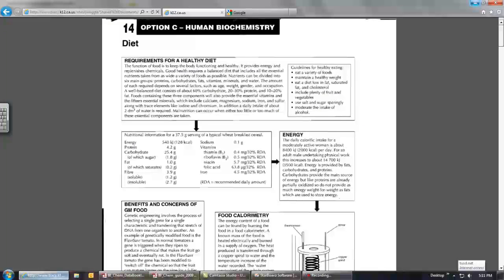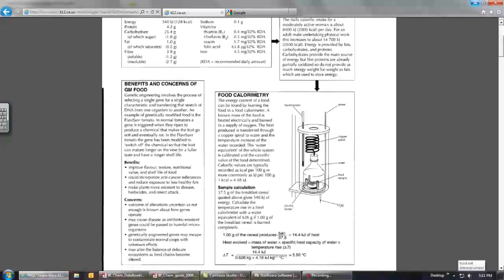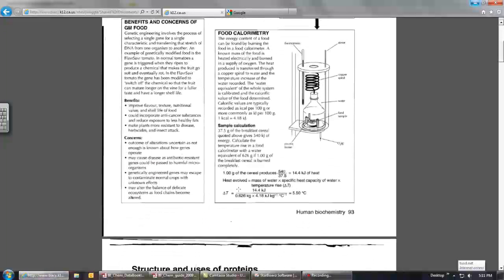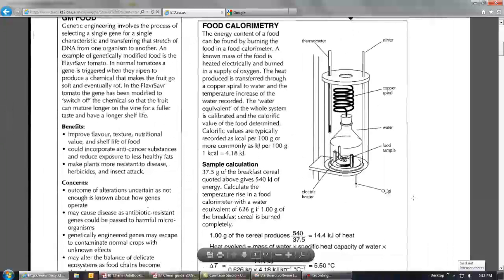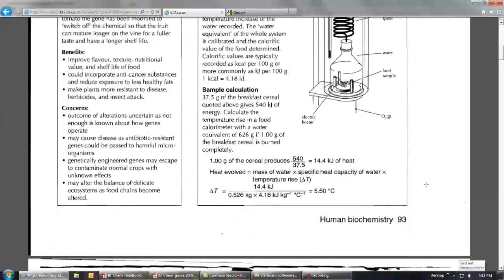Okay, so going back here. Here is an example of it. I know it's small. Let me see if I can change the zoom level here. Okay, so here's an example. Notice 37.5 grams of breakfast cereal gives 540 kilojoules of energy. So there's the Q. Notice, we plugged it in.